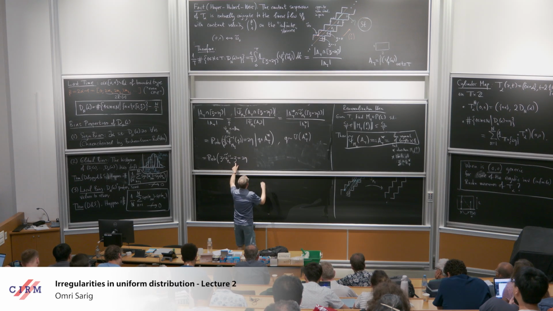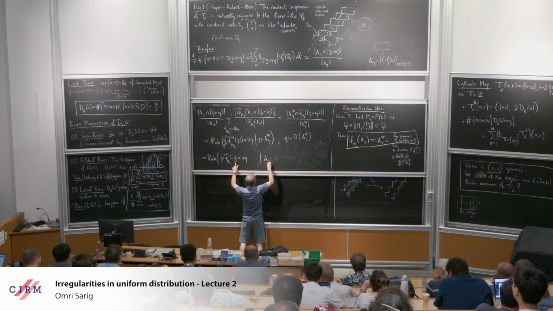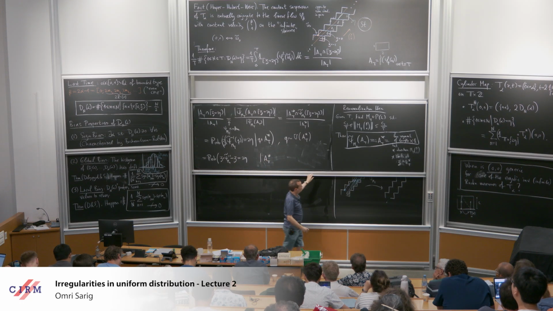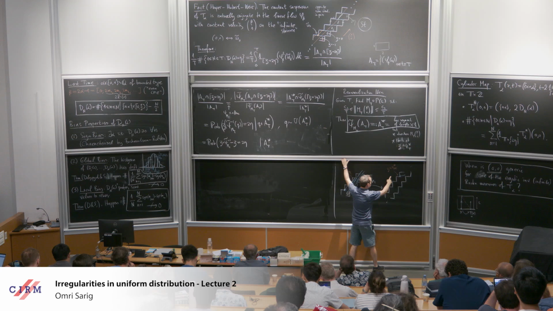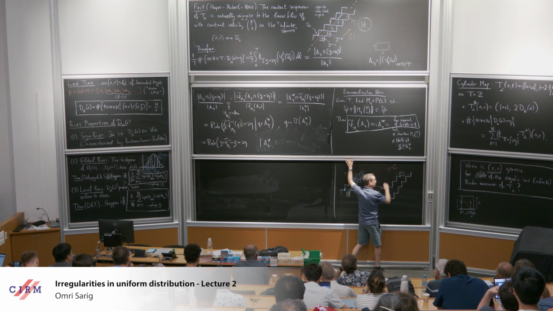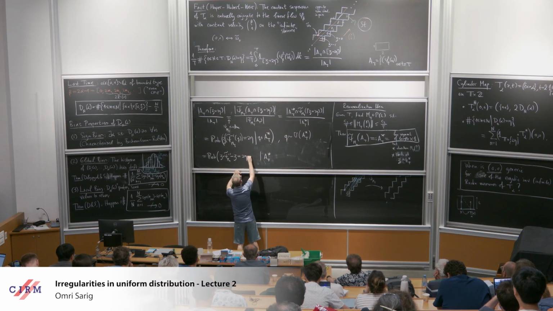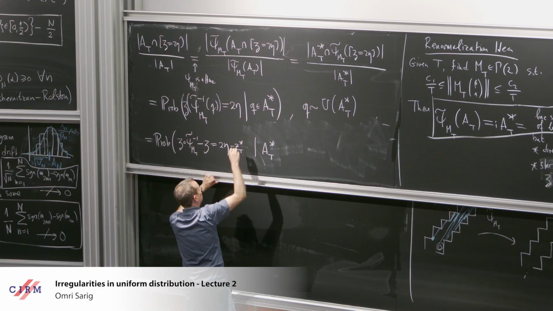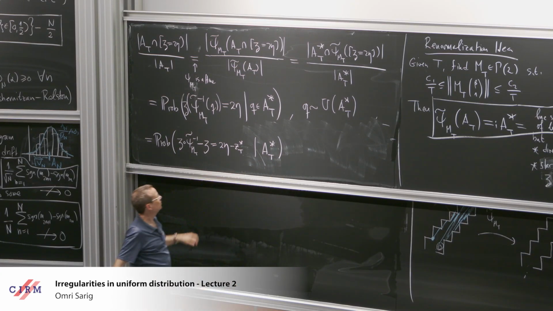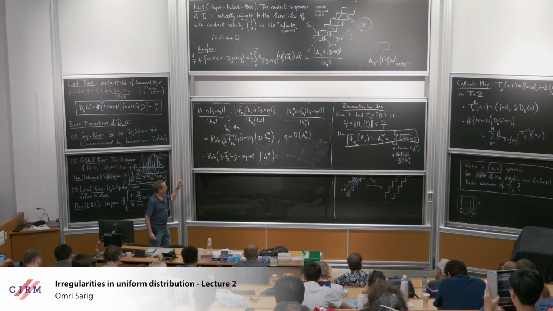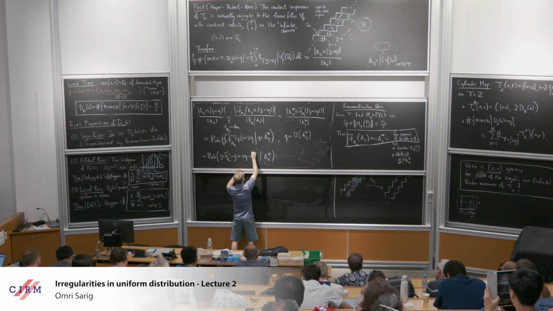We are conditioning on A_T. A_T star is inside this rectangle, which has a fixed z coordinate. So this is going to be minus z_T star.